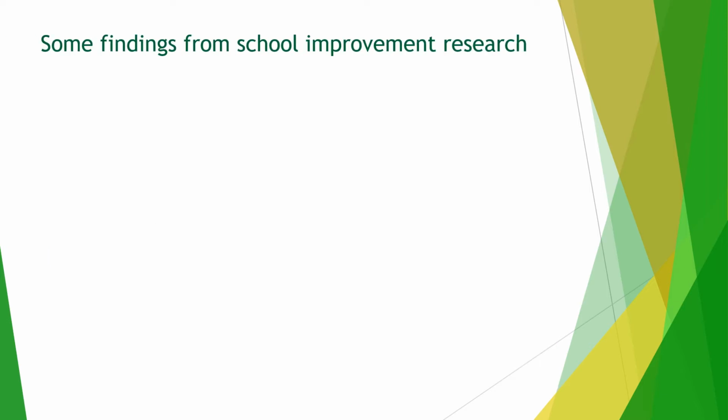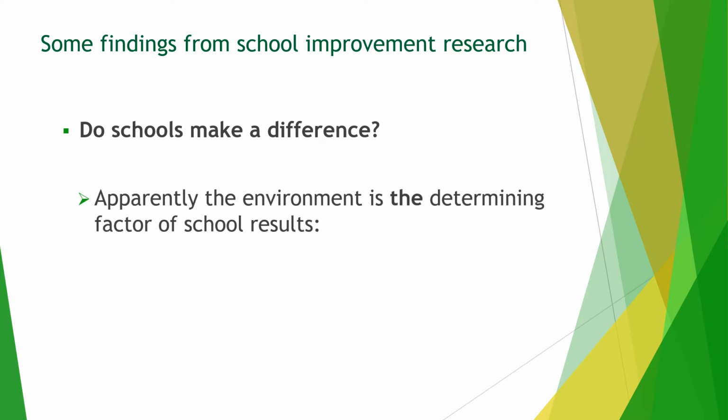Well, it is quite evident from the research findings that were just presented. When I ask you, do schools make a difference? Your argument probably will be no. What makes the difference here is the environment. We have seen that if you are in the urban zone, you learn much, much more than if you are in the most remote, the indigenous zone.